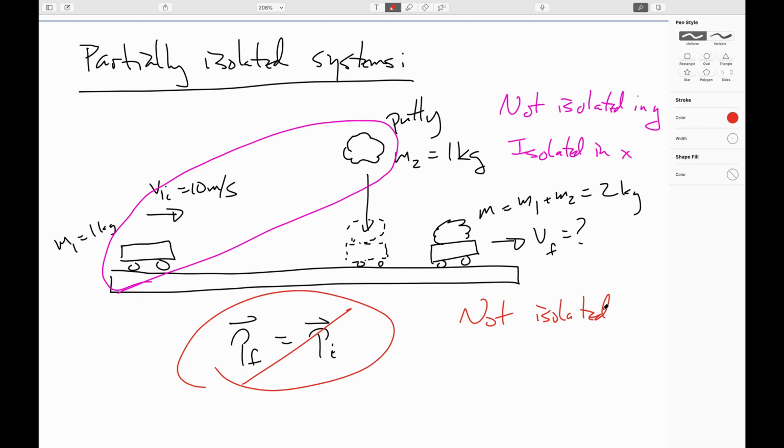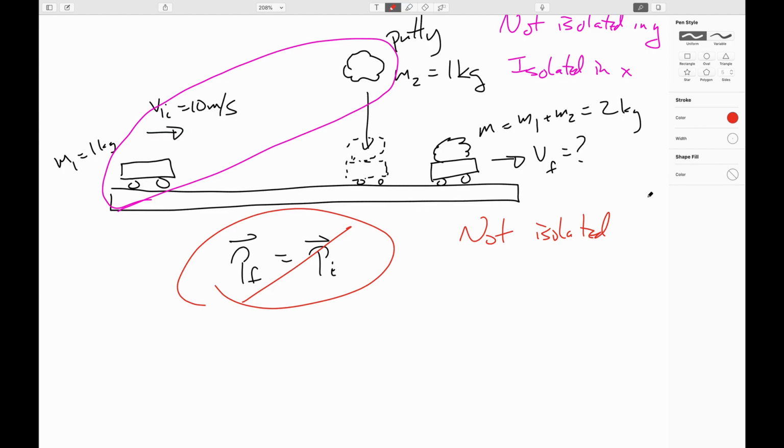Because the system is isolated in X, or no X components in force, it is impossible for the X component of the momentum to change. So although we can't say that the Y components of the momenta are equal before and after, because they're not, we can say that the X components are equal. So afterwards, we can say, all right, this is m v final equals m1 v1 initial.